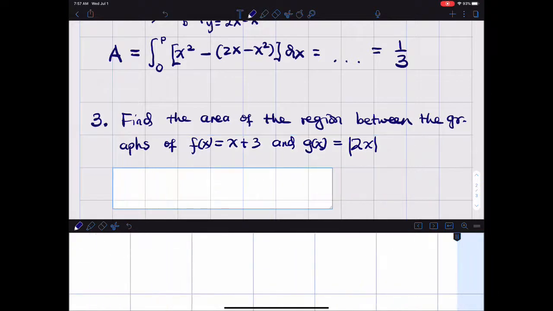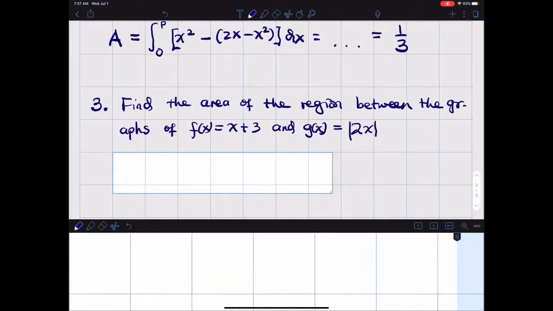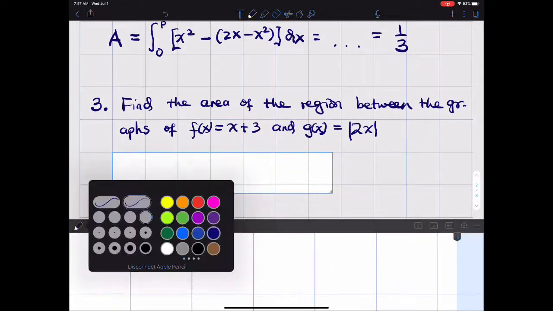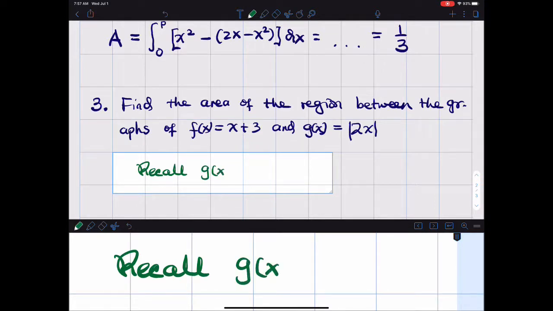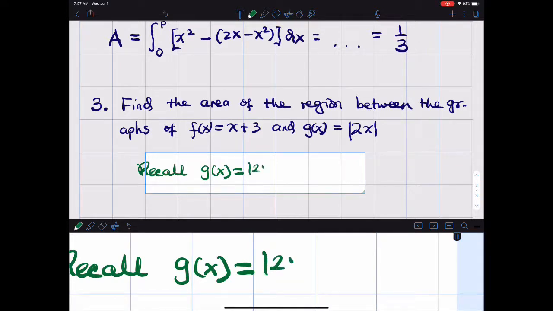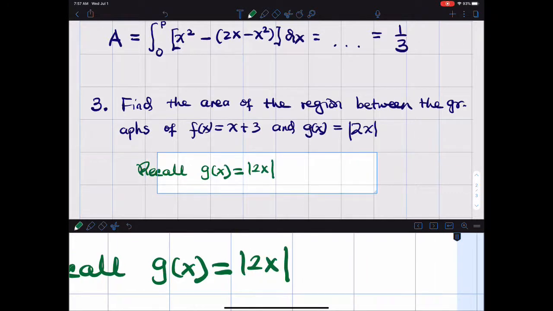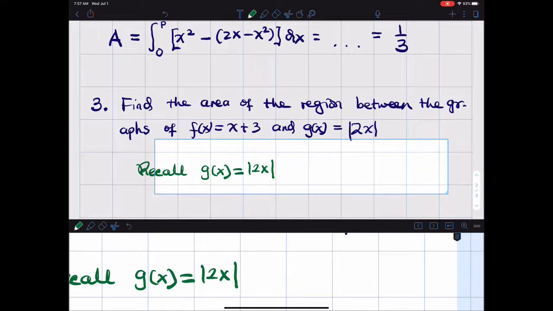So the absolute value function, remember what it looks like. Let's recall what the absolute value function looks like. Or let's dissect it. So let's recall that g equals absolute value of 2x can be defined as a piecewise function. What does this mean?